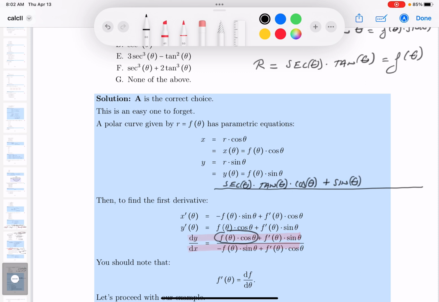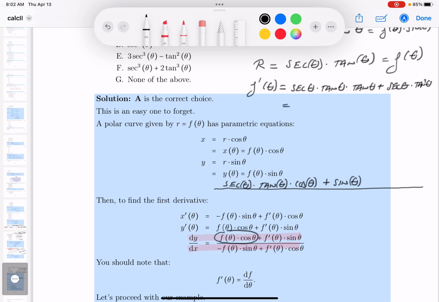But what I realize now is I need the derivative of f of theta. So let's write that down. And that's going to be what? Let's take a look. It's going to be a product rule. So secant theta tan theta times tan theta, plus secant theta times the tangent squared of theta.